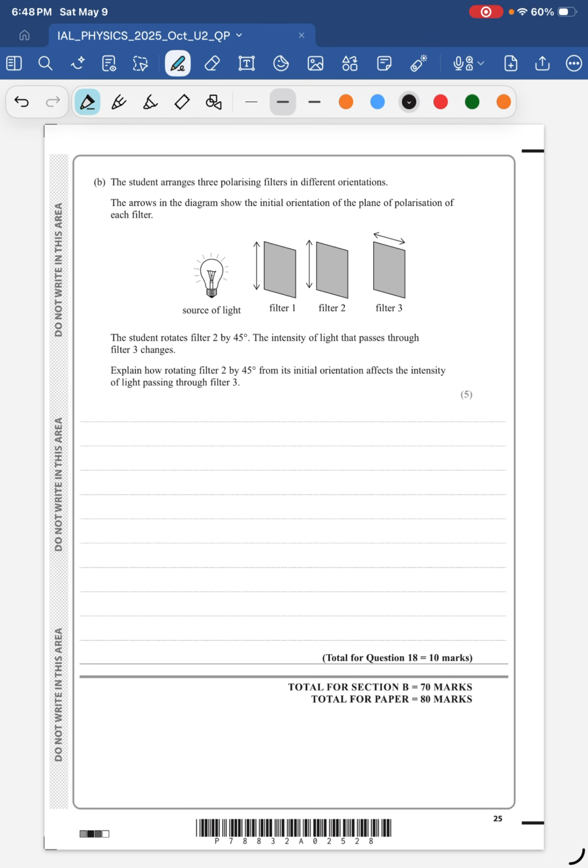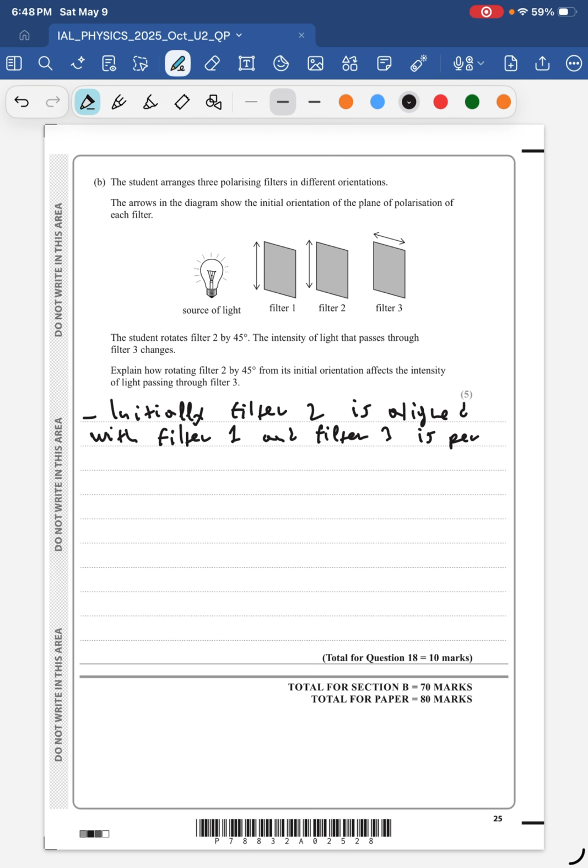Okay, so let's write down that initially filter 2 is aligned with filter 1, okay, and filter 3 is perpendicular to 2, okay.